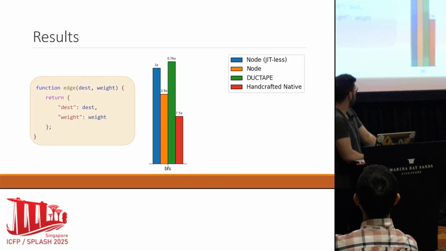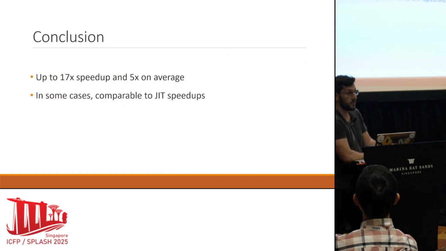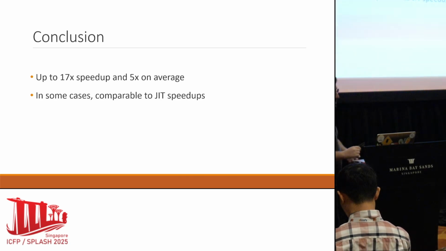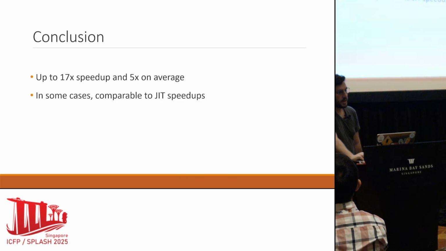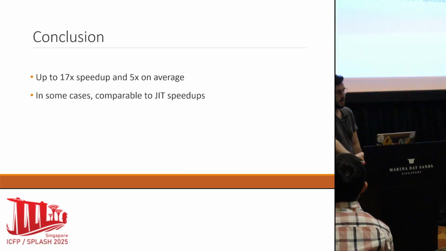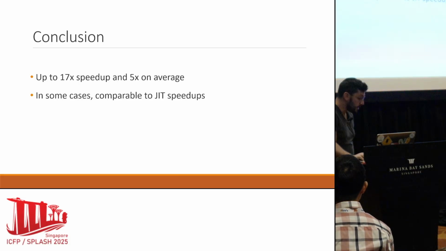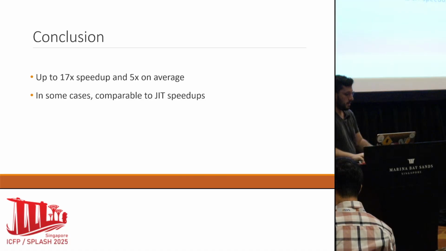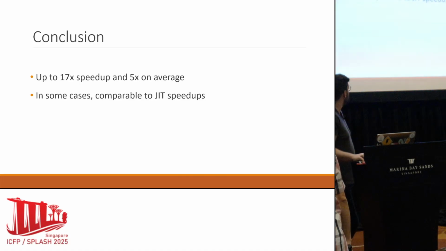But we do see that there is a lot of room for improvement here as well. So to conclude, we did, on average, get a 5x speedup compared to the unjitted version. And in some cases, we got results that are comparable to the JIT compiler.